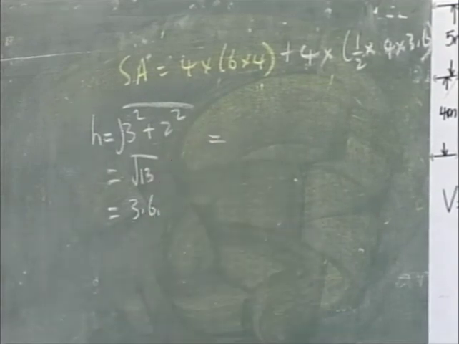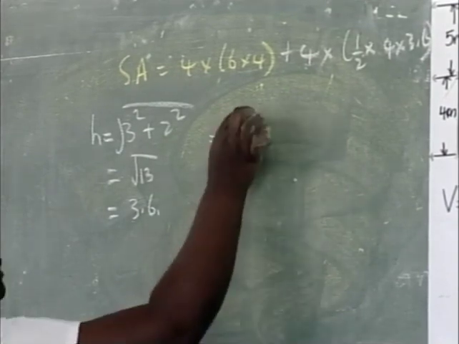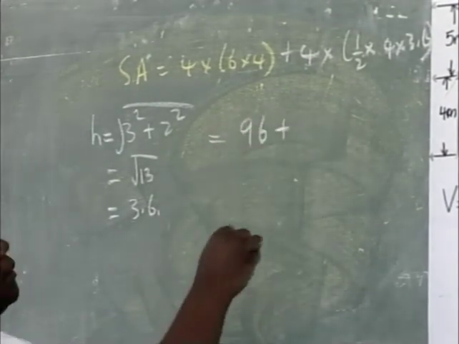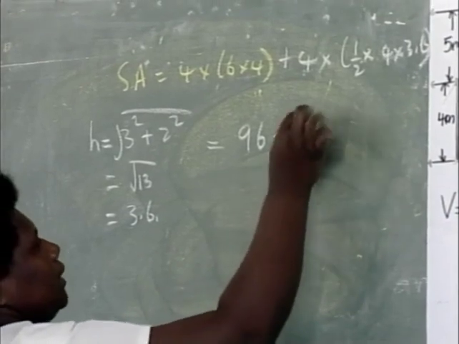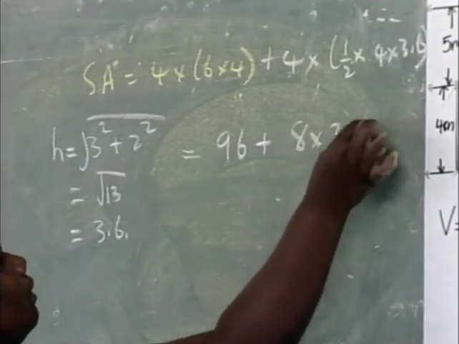Okay, so what's 4 times 6 times 4? 24 times 4 is 96. 96 plus, that's 2 times 8, 8 times 3.6.